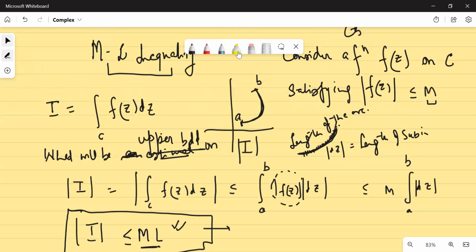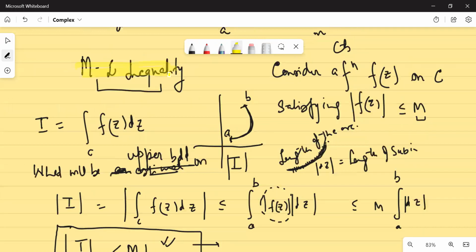I'm saying ML inequality. I'm teaching you ML inequality right now. ठीक है? ML inequality means I'm saying my function f(z) is continuous on C. Okay? This is my curve C. And my function f(z) is continuous on C, such that my function holds some maximum value.